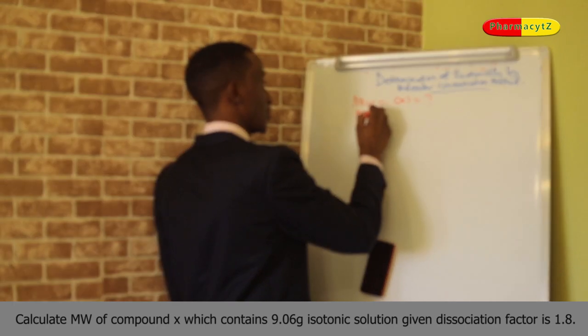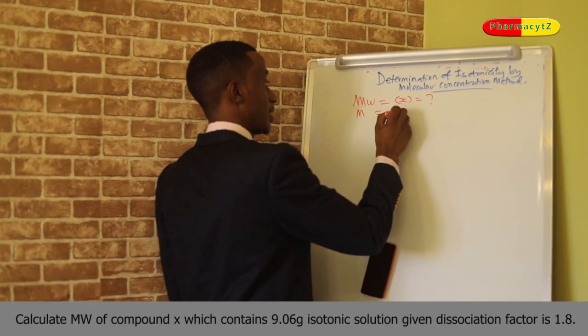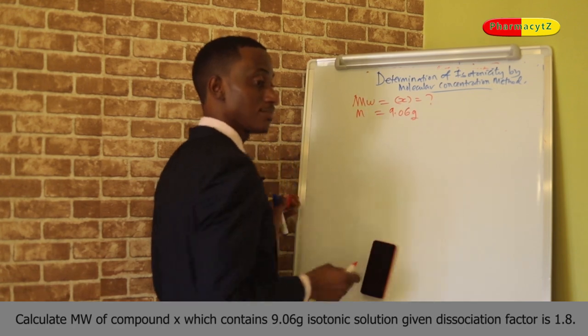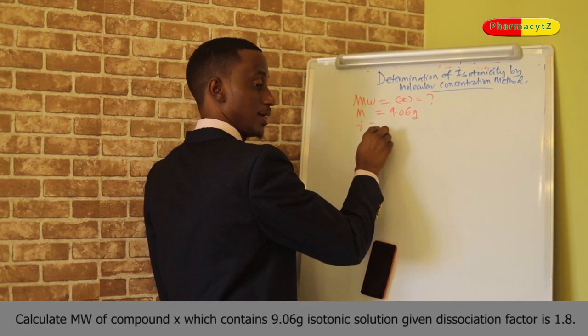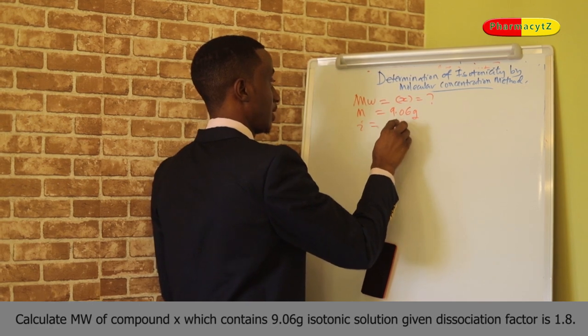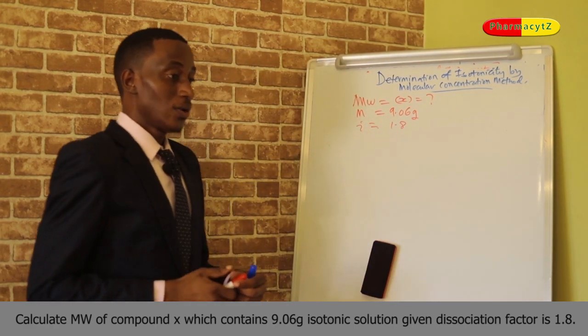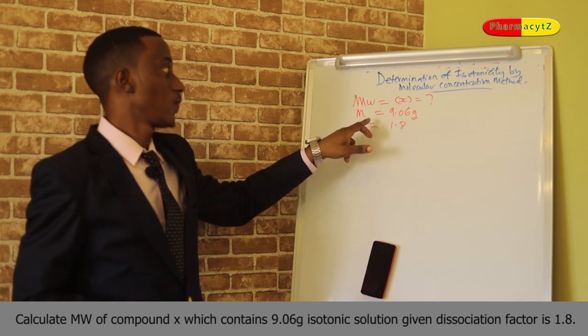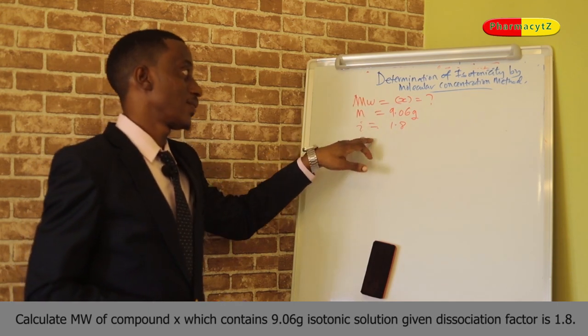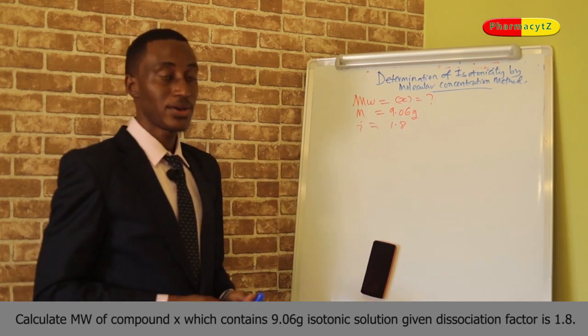So the mass or weight is 9.06 grams. It is an isotonic solution, given the dissociation factor is 1.8. According to this question, we are required to calculate the molecular weight. We have the mass and we have the dissociation factor. How are you going to do this?